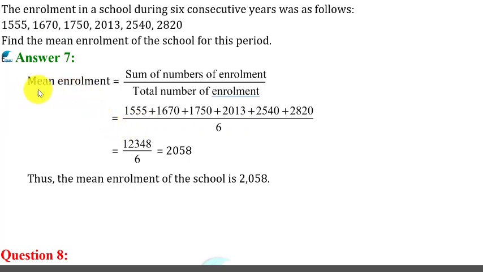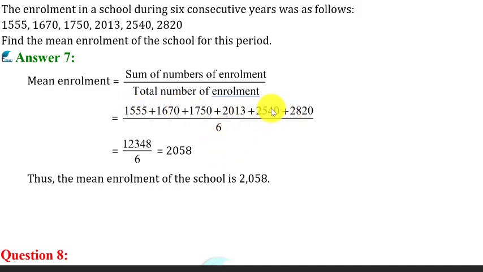Solution: mean enrollment is equal to sum of the enrollment numbers divided by total number of enrollments. So the sum of enrollments is written as 1555 plus 1670 plus 1750 plus 2013 plus 2540 plus 2820 divided by 6.